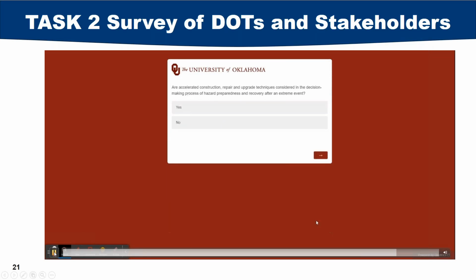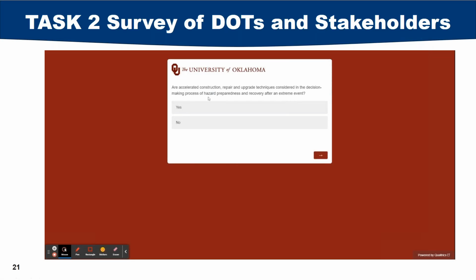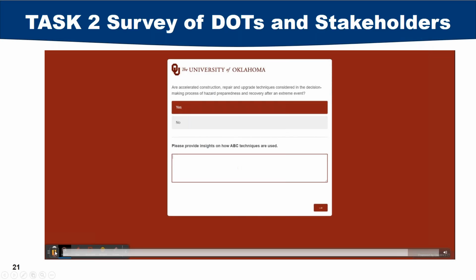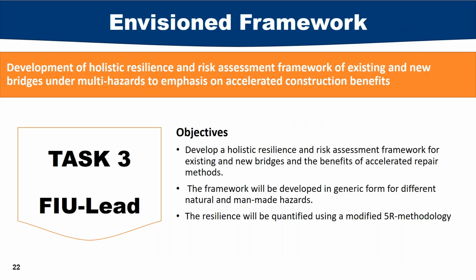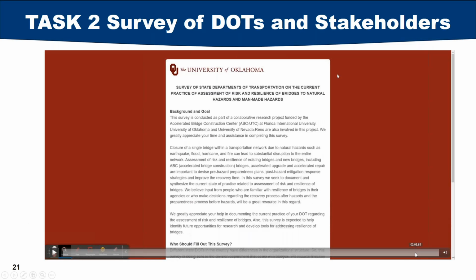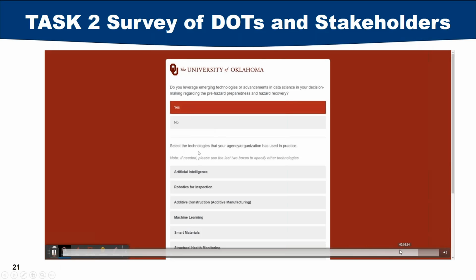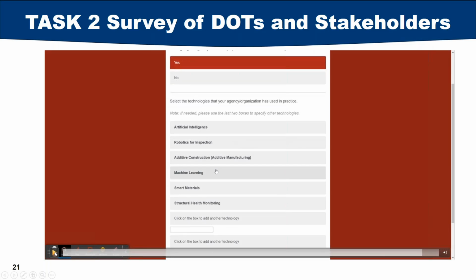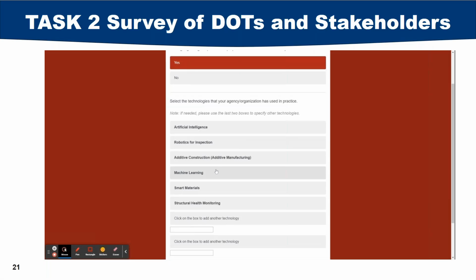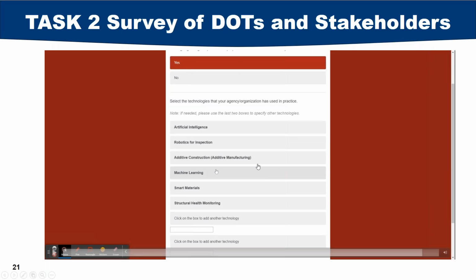Question 14 relates to repair, similar, and finally question 15 relates to emerging technologies. Again, we have asked: is your agency using emerging technologies like artificial intelligence, robotics for inspection, adaptive construction, machine learning, smart materials, and structural health monitoring?